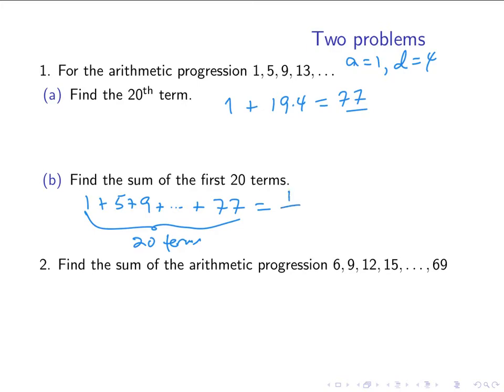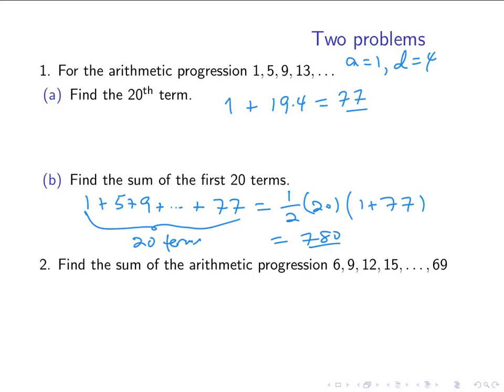We don't have to do any kind of fancy plugging into formulas. We know that it's 1/2 of the number of terms and then the first plus the last term. So this is exactly the formula as we derived it with the triangle. Sum of the first and last term times the number of terms times 1/2. So in this case, that's 780.